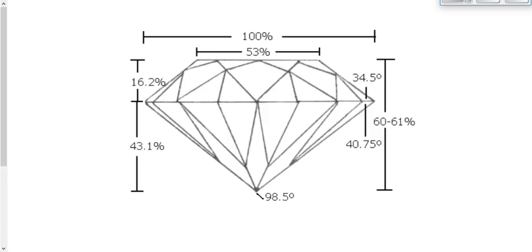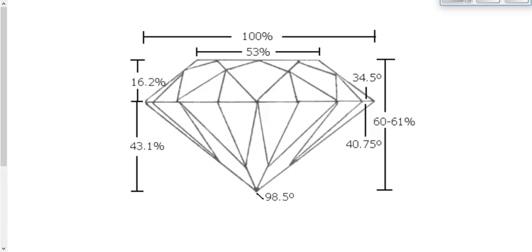It doesn't matter whether from above it's square or circle or oval. These are the angles that we want it cut at from the side, because this promotes the most sparkling inside the diamond. And that's largely why we want diamonds, because they sparkle more than anything else, more than glass, more than cubic zirconium.